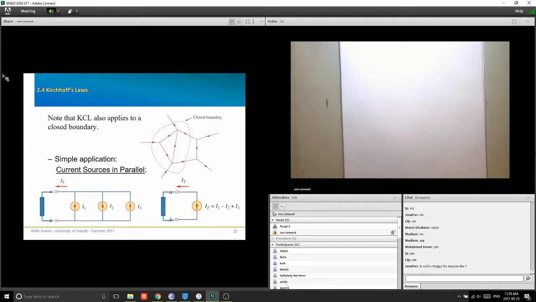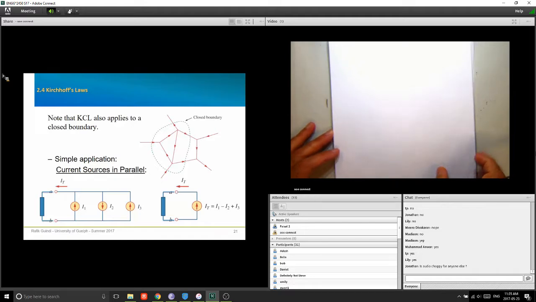When you have a closed boundary, like the boundary in green right here, you can ignore what's inside the boundary and look at it from the outside. Anything that is crossing the boundary, entering into it, the sum of those currents has to be equal to the currents going out of the boundary. So I'm going to do that particular one right here.